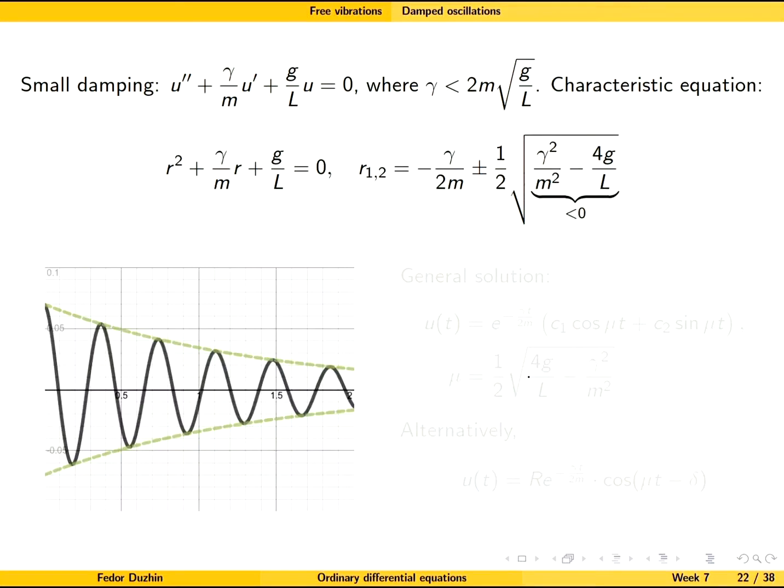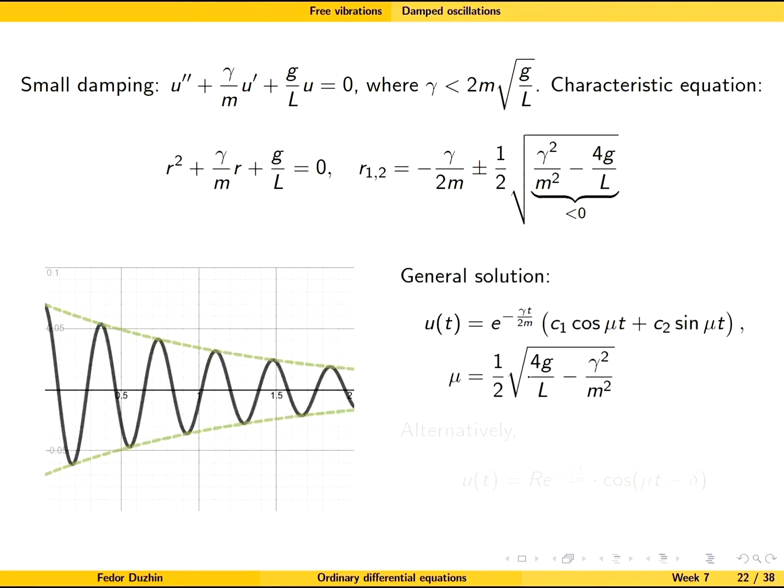The interesting case is when we have oscillations. Oscillations occur when the discriminant of the characteristic equation is negative. Yeah, this is the discriminant, and it happens to be negative. The square root of a negative number is an imaginary number, so it has plus minus 1/2 something with i.